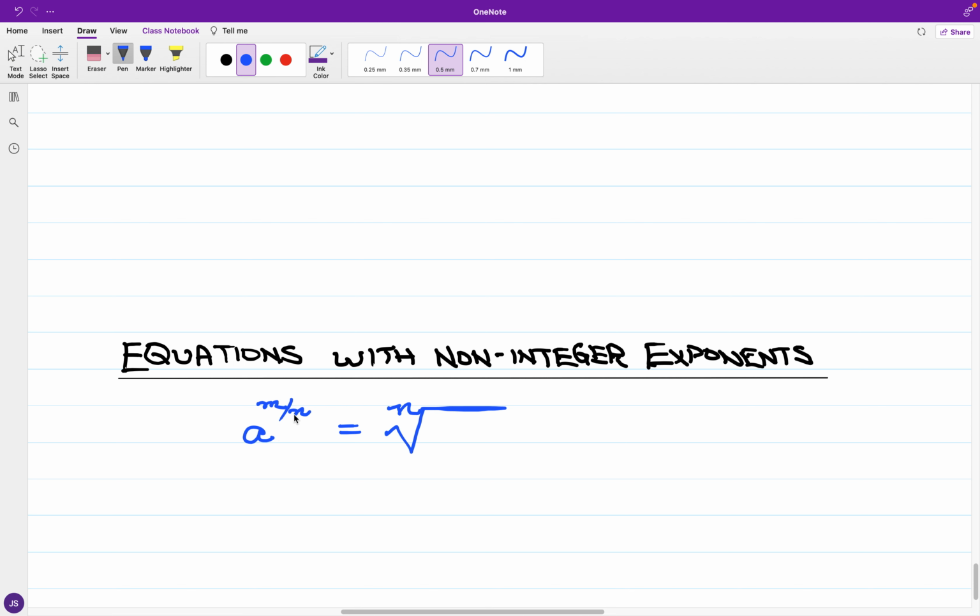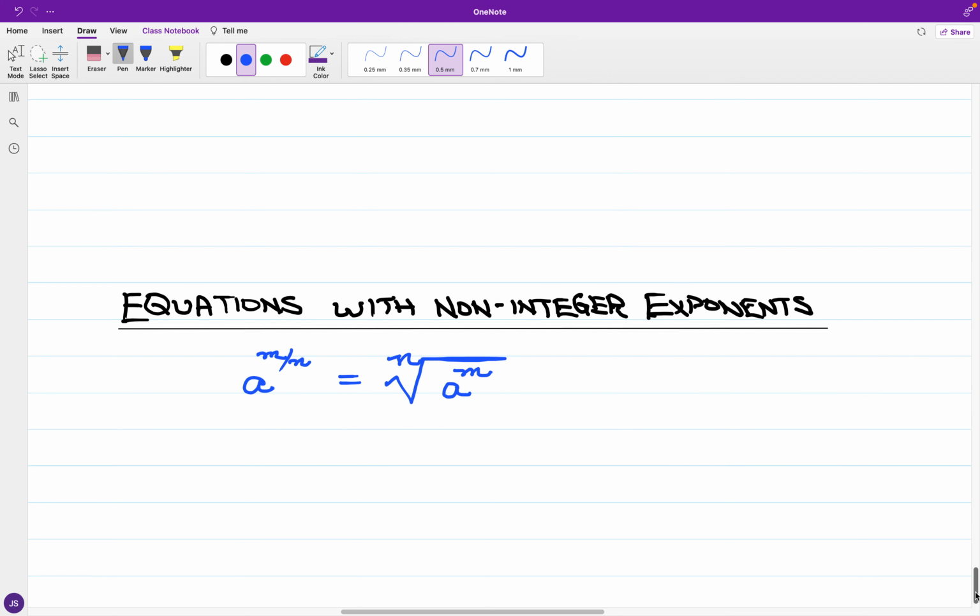Now the denominator of the fraction is going to define the type of radical we have. The denominator in the non-integer power is going to be the index number of the radical. So a to the m over n is defined as the nth root of a to the m.